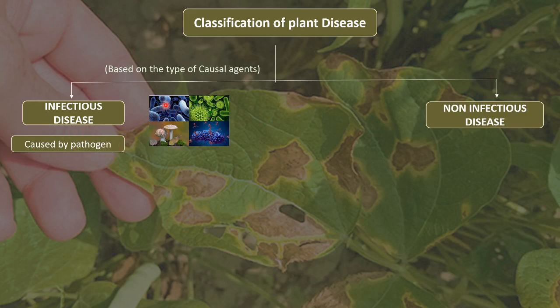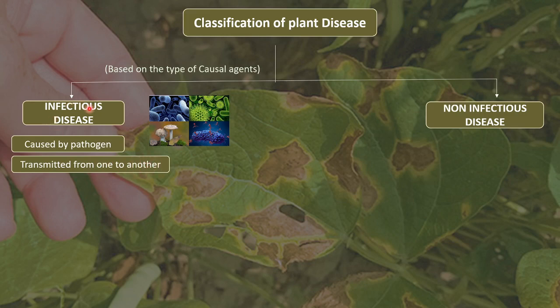So all the pathogens like bacteria, fungi, viruses, all of these can cause infectious diseases. Since they are caused by pathogens or biotic factors, these are transmitted from one to another. So these pathogens can be transmitted from a diseased plant to a plant that is normally healthy.